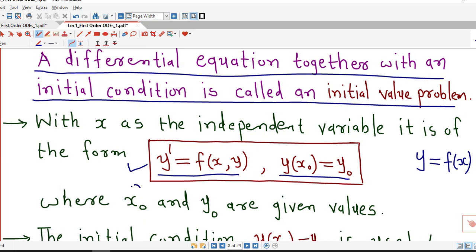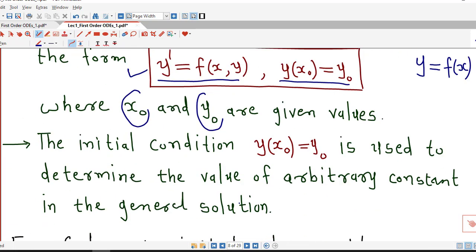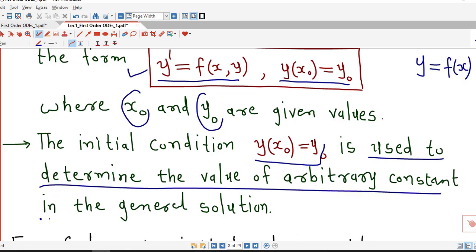So this x0 and y0 will be given. And as I discussed, the initial condition y of x0 equal to y0 is used to determine the value of arbitrary constant in the general solution.